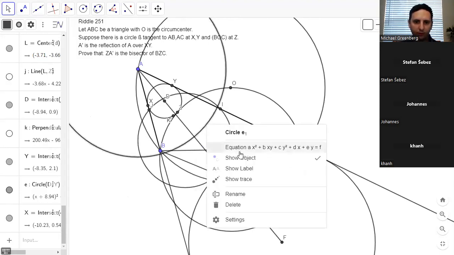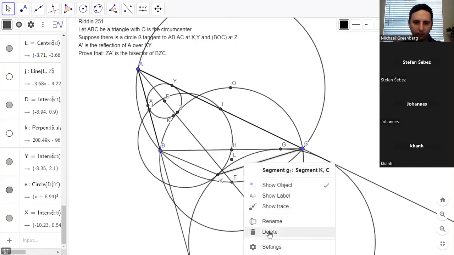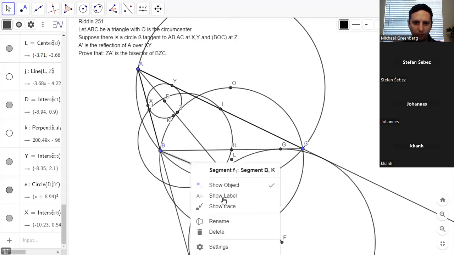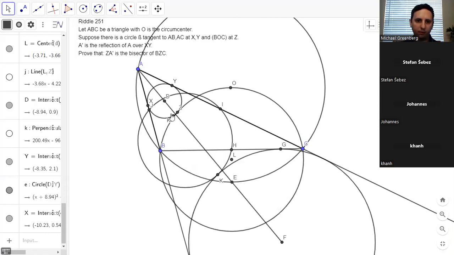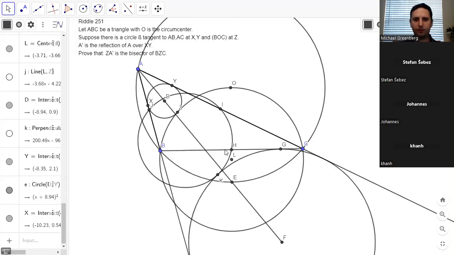And this circle I don't need. All right, so I think, let me delete these. I think that's good. I could probably hide this point, although maybe I'll want to use it later.